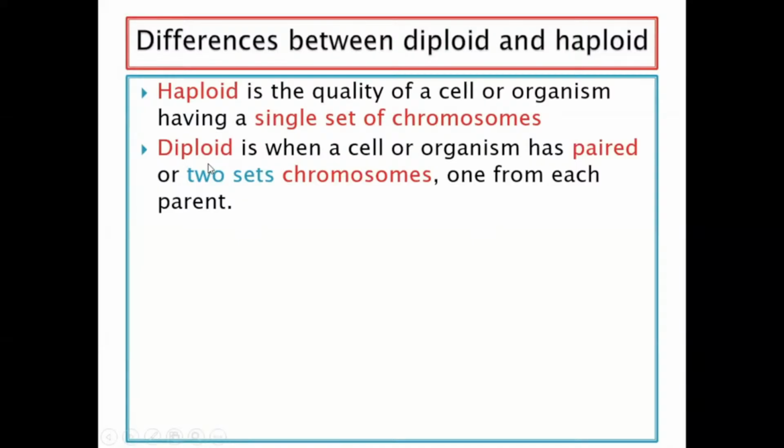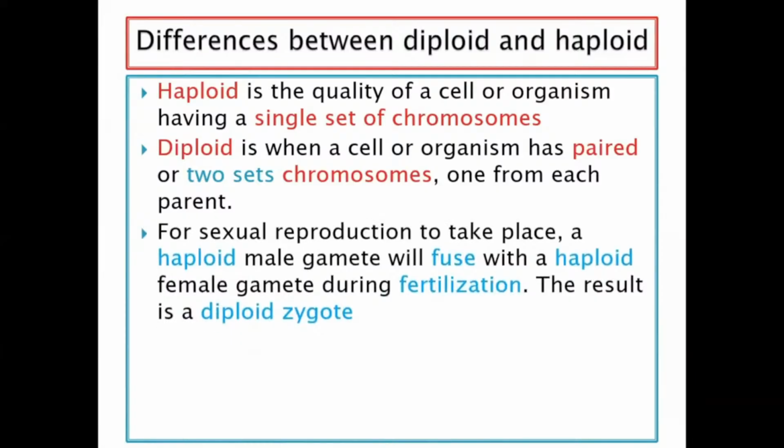It's a state which describes an organism with two sets of chromosomes, one from the father and one from the mother. That's the meaning.